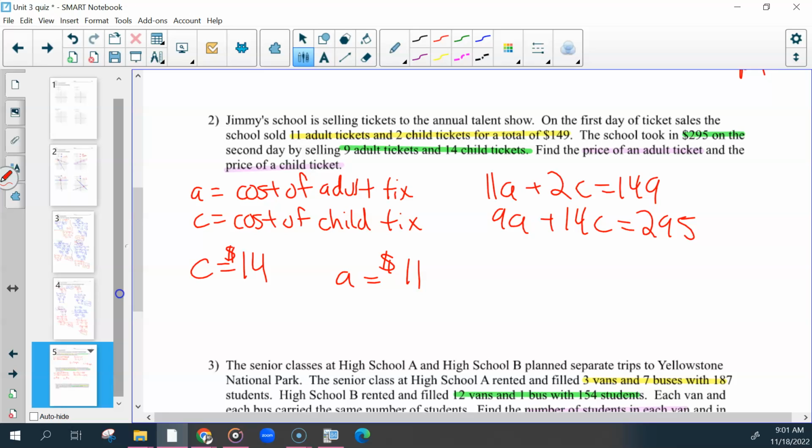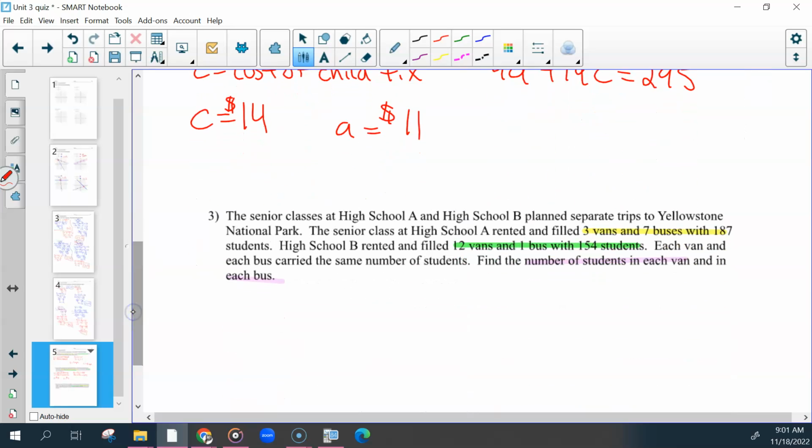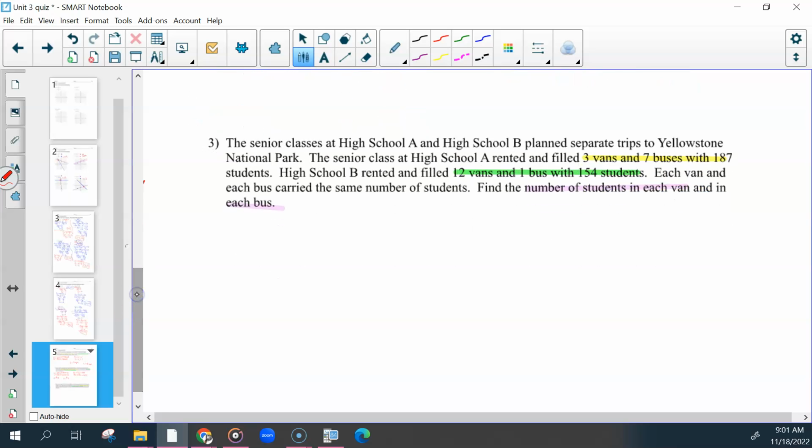Some of you were able to set up 3. Some of you, I think the high school A and high school B, that part confused you. That is just saying there are 2 different high schools so that you know we're comparing 2 different things. But that, again, doesn't really matter because what we really need to focus on is the number of vans, the number of buses with how many students. And then, again, number of vans, number of buses with how many students because we're looking for number of students in the vans and the buses.